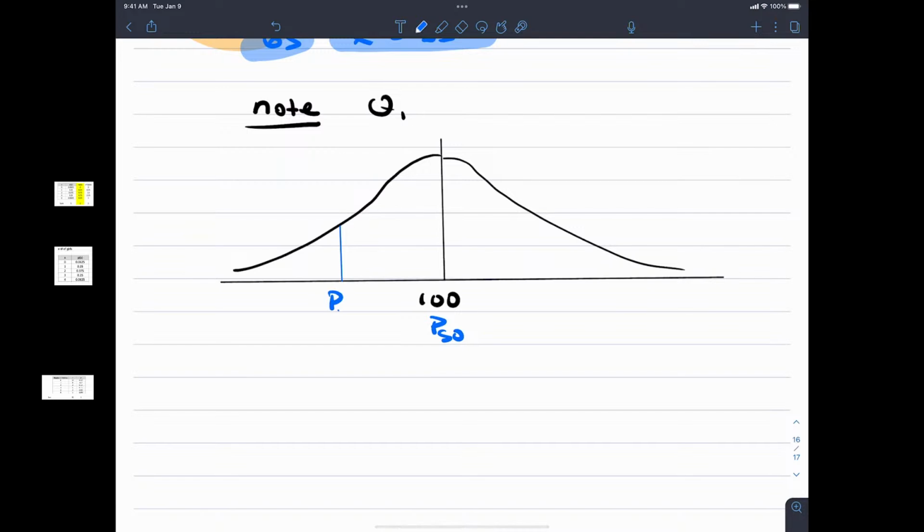This is now P25, or the first quartile, because isn't that the definition? So what goes down here? 25%, 25%. You remember?